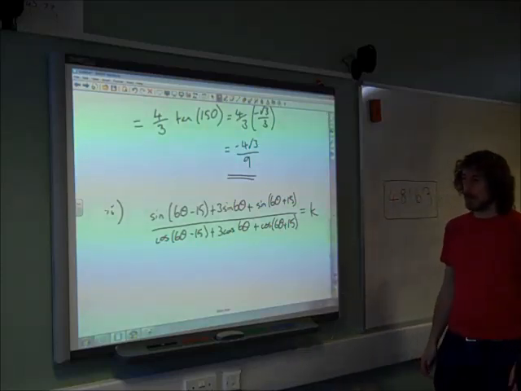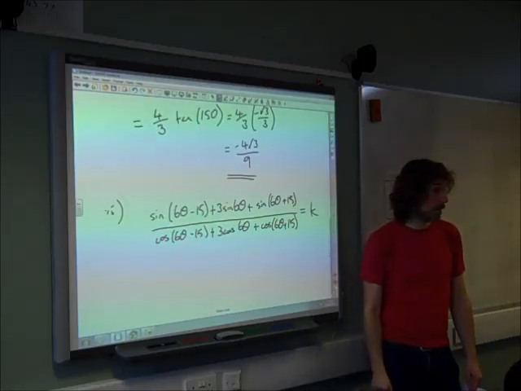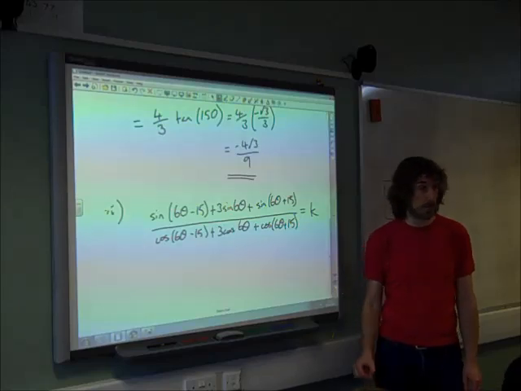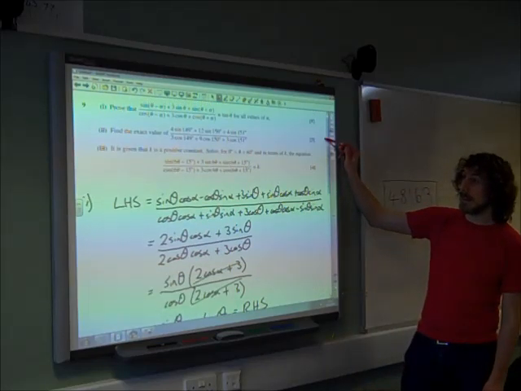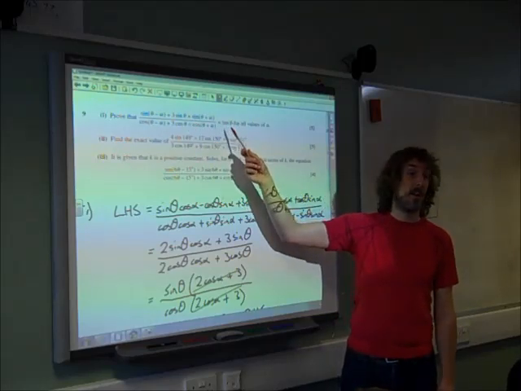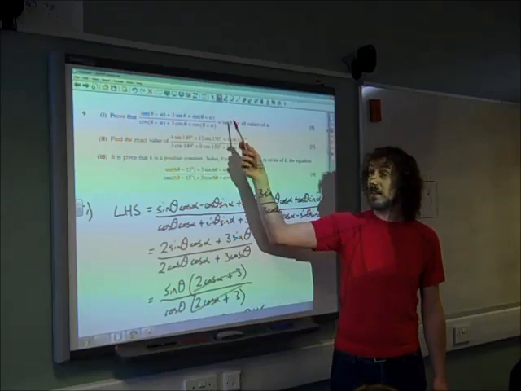Well, what do we get from this? The first thing that we should get from this is actually that 15 is a complete red herring. It's irrelevant, isn't it? 15 makes no difference, because what we said right at the beginning was that this bit here is equal to tan theta for all values of alpha. Doesn't matter what alpha is, it's equal to tan theta.